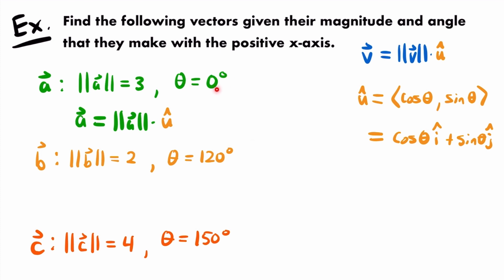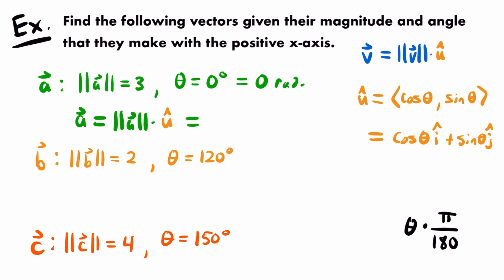Now, the angle of 0 degrees is pretty easy. That's actually the same as 0 radians, because if you don't remember, the way you can convert from degrees to radians is to take your angle and multiply it by pi divided by 180. If we multiply 0 by pi divided by 180, you're still going to get 0. And so if our angle is 0 radians, here's what vector A is going to be equal to.